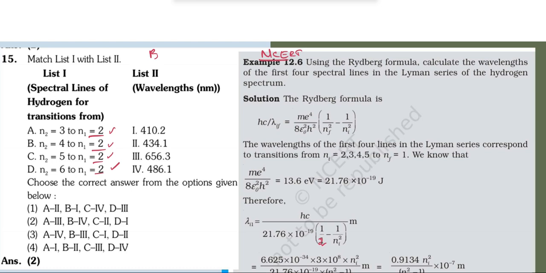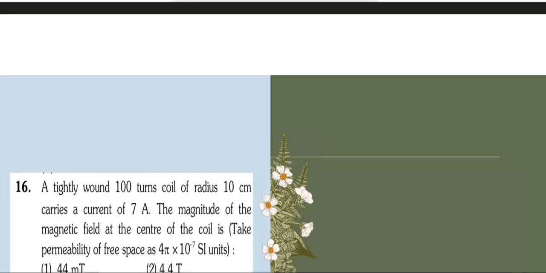If you solve that, you will get this second option. First, this is first member, and this is second member of Balmer series, third member of Balmer series, and fourth member of Balmer series. If you use your common sense, as energy difference increases, wavelength decreases, so you can follow that order. With that, you can answer this question.